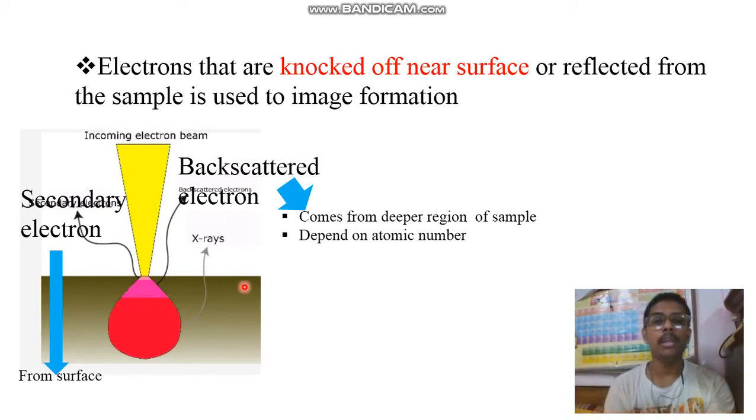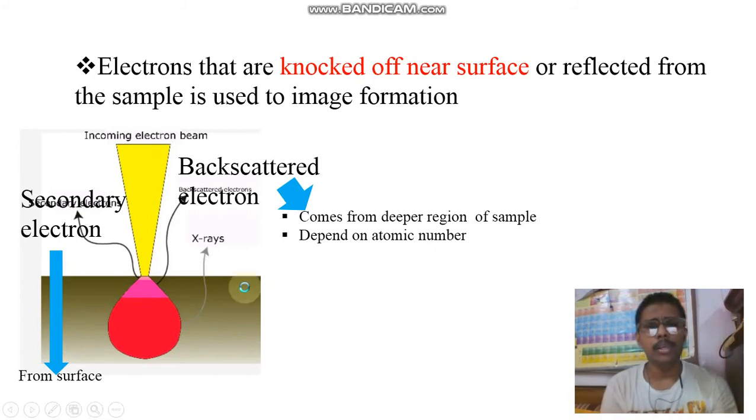We will not go into the inner details, the inner mechanism of this detector, but suffice to say that this detector collects these two types of electrons and accelerates them before reaching the photomultiplier tube for amplification, and thus image formation happens.